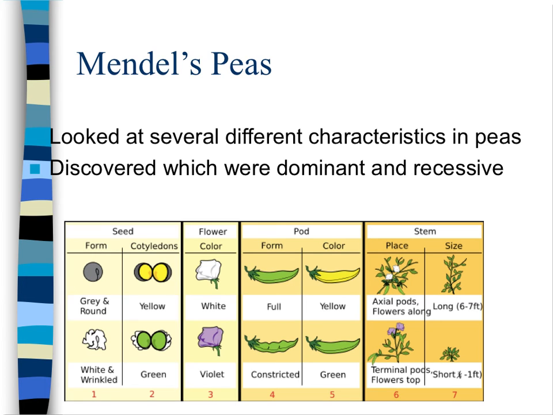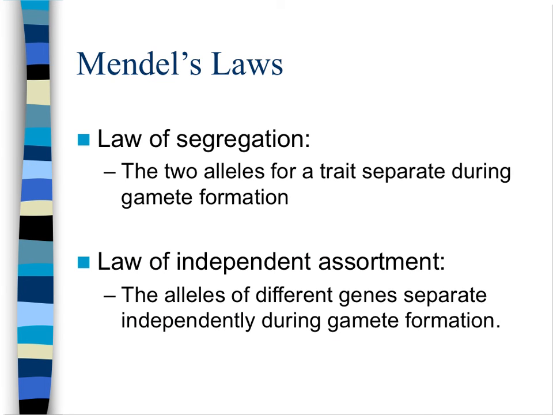He looked at lots of different traits, including seed shape, flower color, pod shape, pod color, and the stems, and he discovered which of those traits were considered dominant traits and recessive traits. We've talked about these before, but he is the person who first described the law of segregation, which means that two alleles for a trait separate during gamete formation.